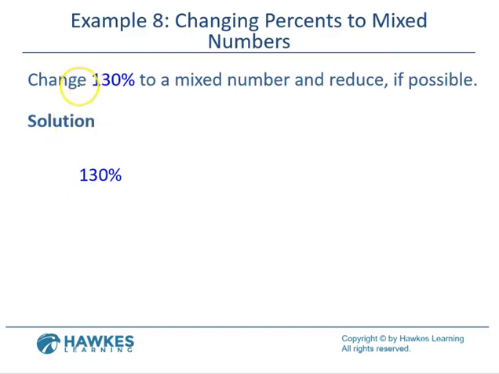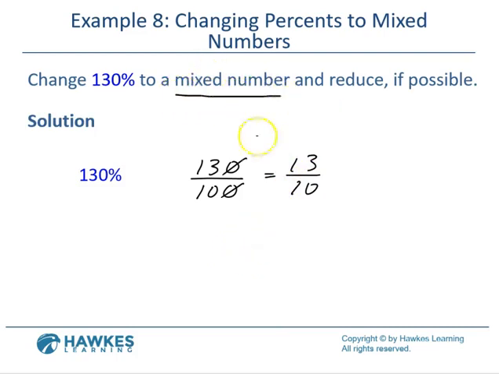Okay, let's do one on our own. Look at what we've got here: change 130% to a mixed number and reduce if possible. So we've got 130/100. Notice that I've got 2 zeros here, so let's just drop these zeros out of the way, and we're left with 13/10. Then they want this changed to a mixed number, so remember, we can just divide 10 into 13.